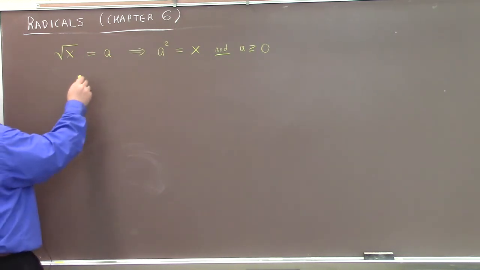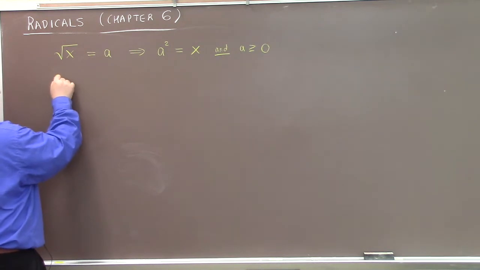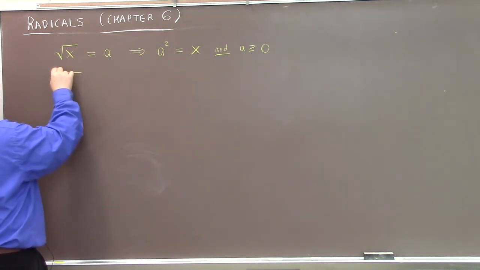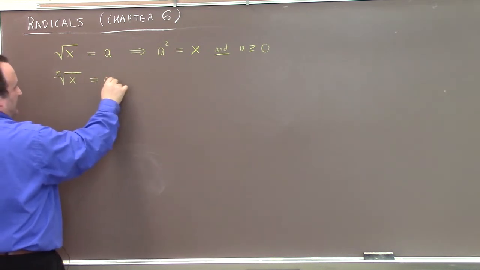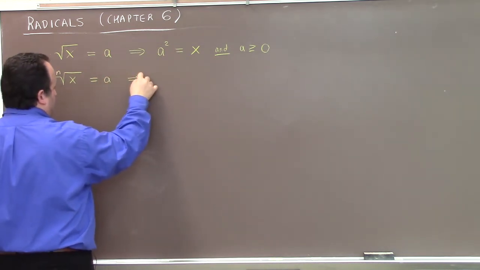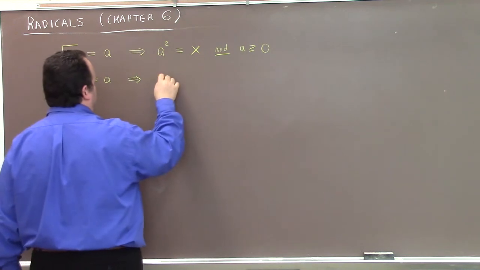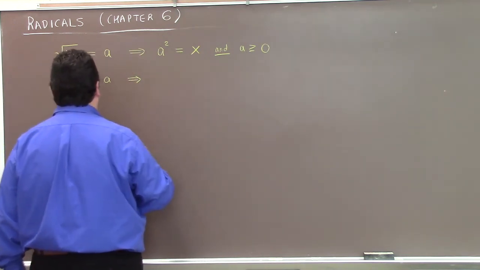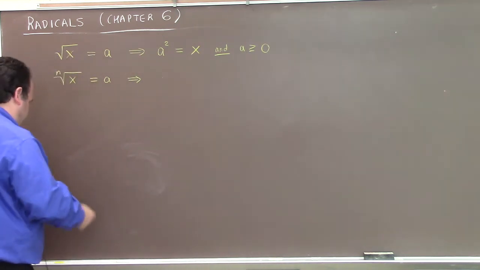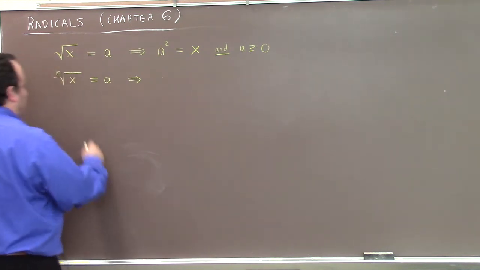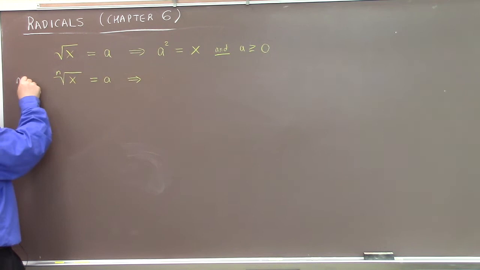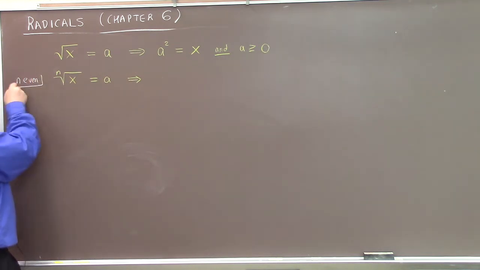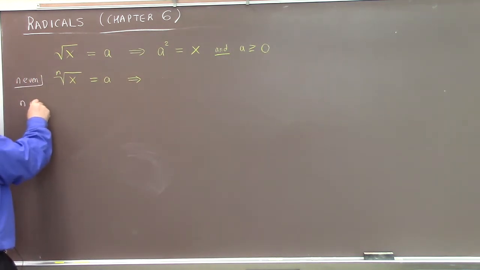Now, on the other hand, if we have the nth root of x equals a, what does that mean? Well, then we have to break it up into cases. We have n even, and we have n odd.